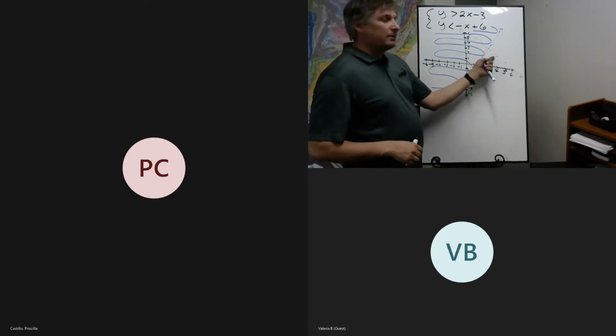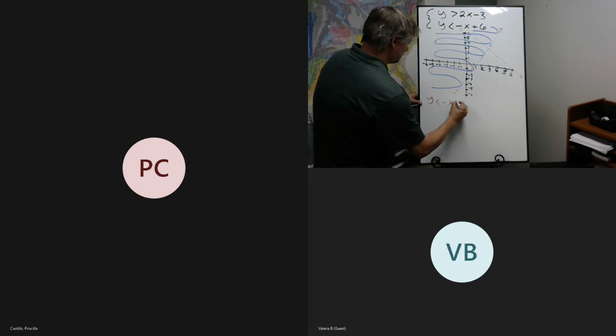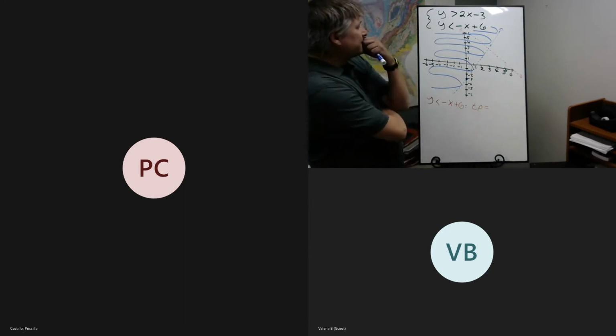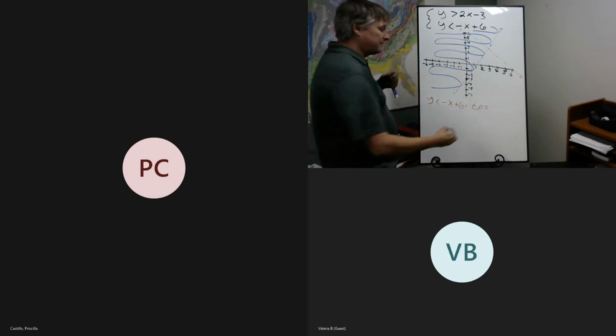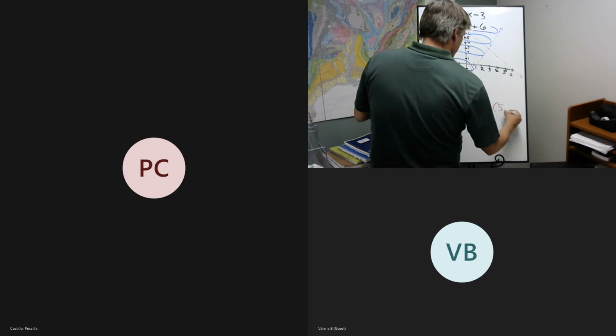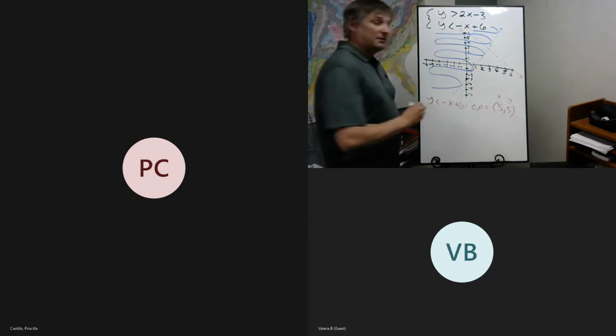So now we got to work with this red line. So we got to pick a test point. And let's say, let's go with the test point 5, 5. Let's see what that does. So there's our x, there's our y.